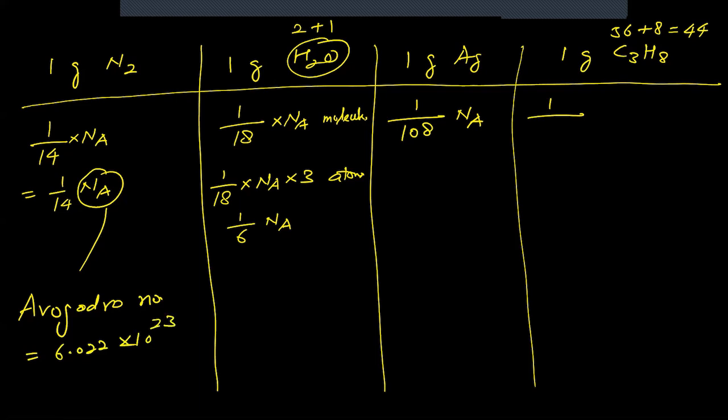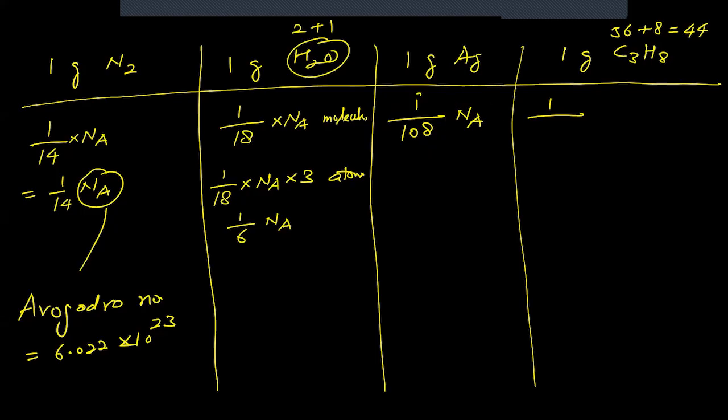Instead of writing 6.022 into 10 power 23 every time, I am writing Na. So here it will be the number of moles, given mass upon atomic mass. Moles multiplied by the Avogadro number will give you the number of atoms.